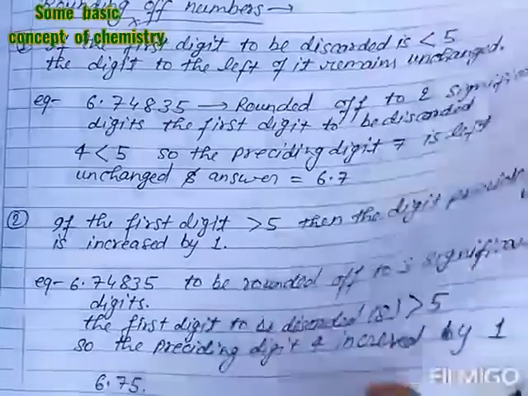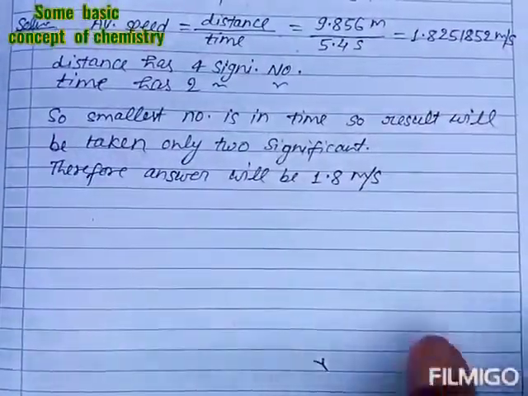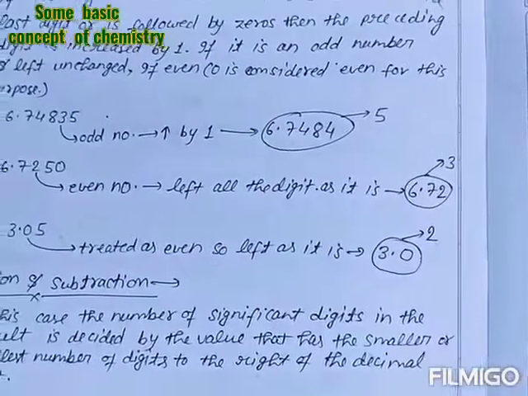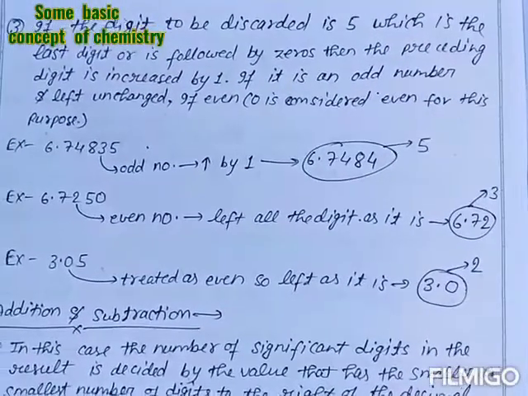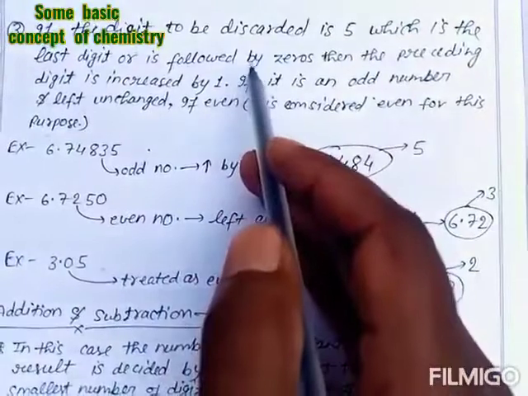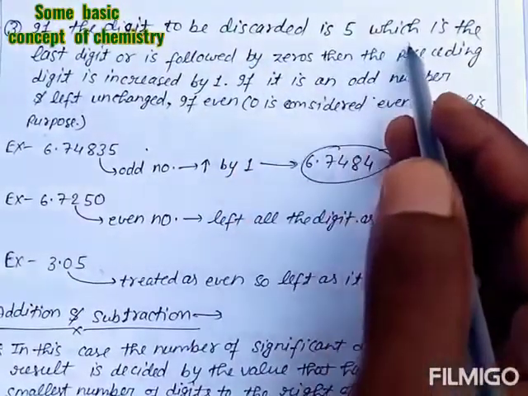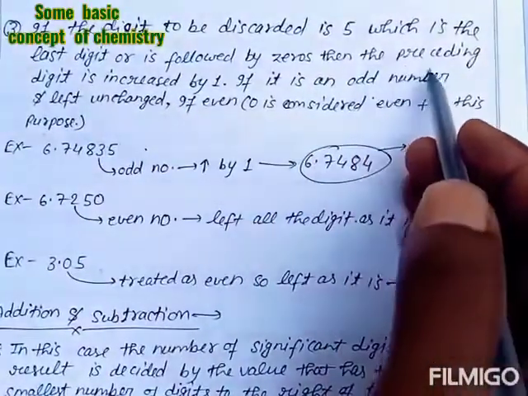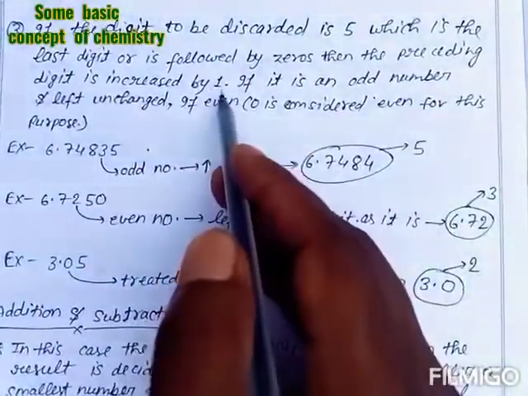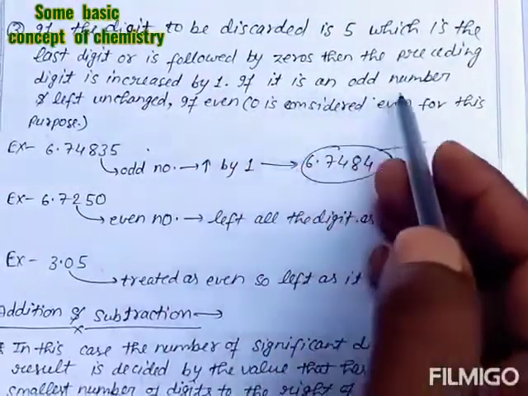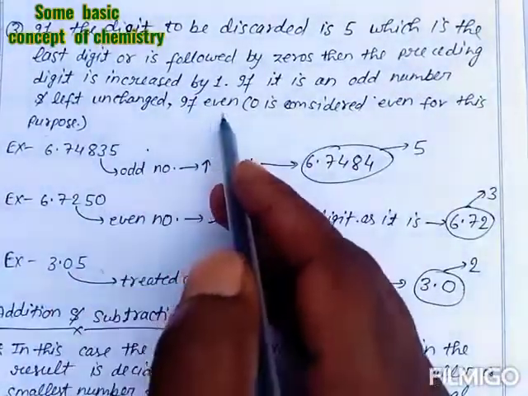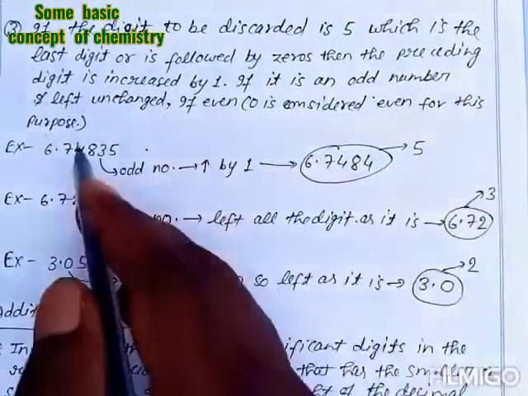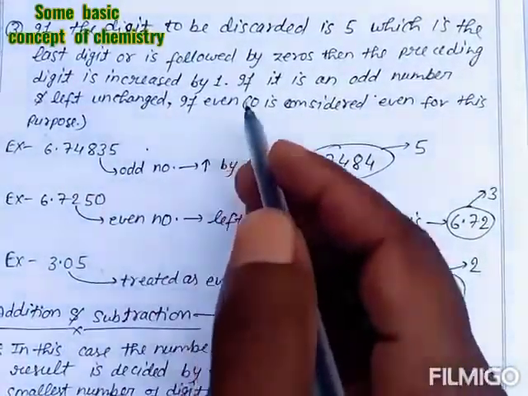Now the third rule. If the digit to be discarded is 5, which is the last digit or is followed by 0, then the preceding digit is increased by 1 if it is an odd number and left unchanged if even. 0 will be considered even for this purpose. What does it mean?